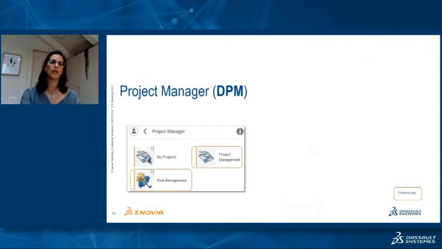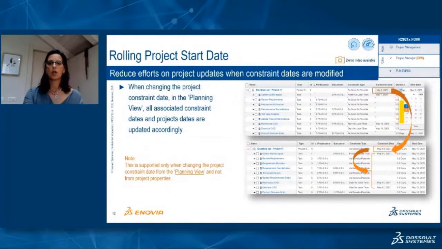Project Manager, DPM: some new enhancements in the project management application, as well as for the risk management widget. So there are many constraint types that can be defined for tasks, which specify when the task is expected to be completed.